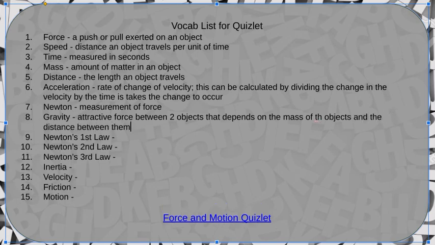So if you were on the surface of the sun and could not get burned up, the sun would pull you down. You would feel the gravity of the sun a lot more on the surface of the sun than you do here, because even though the mass of the object does not change, the distance between them has.